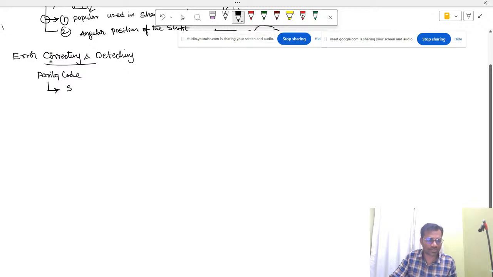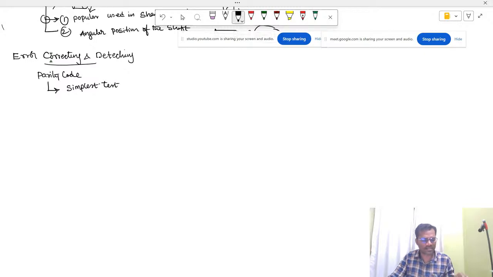It is generally used by ECE as well as CSE students. We can detect the error and we can correct the error. So parity codes are for detecting as well as correcting errors.